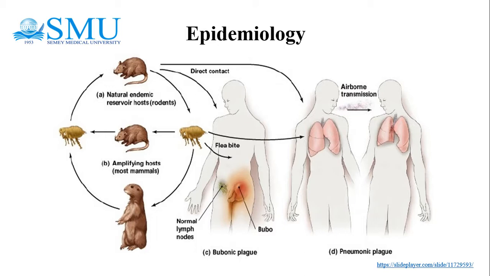However, while making efforts to suck, it regurgitates the blood mixed with bacteria into the bite, thus transmitting the infection. Infection may also be transmitted by contamination of the bite wound with the feces of infected fleas.